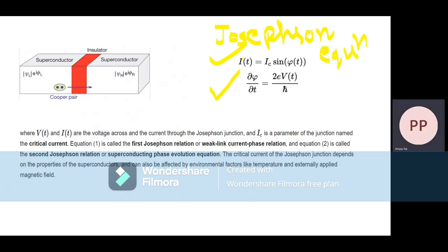These two are very important. When the electrons on this side of the superconductor behave collectively, this is why it's called a macroscopic phenomenon. This is the beauty of the Josephson junction.